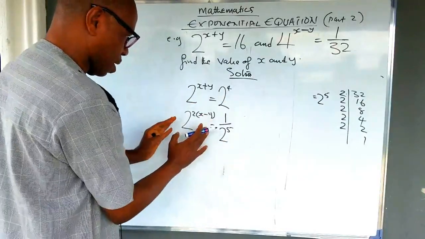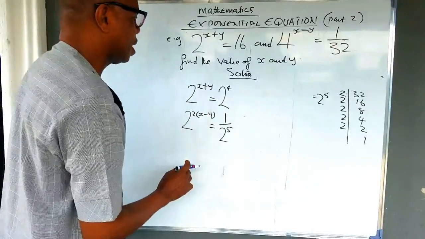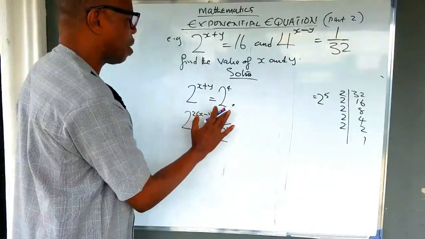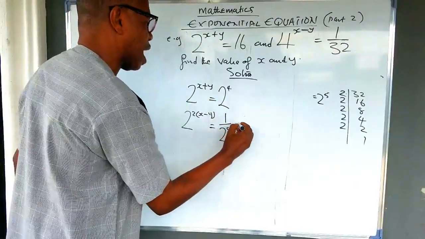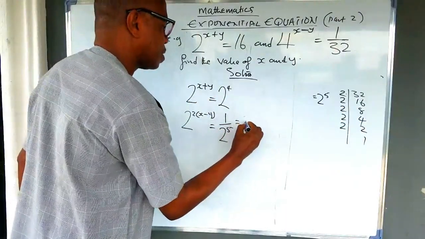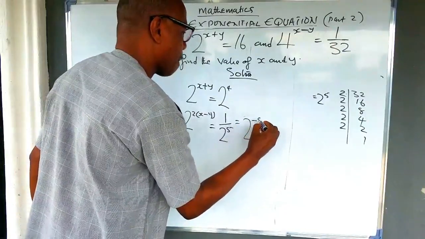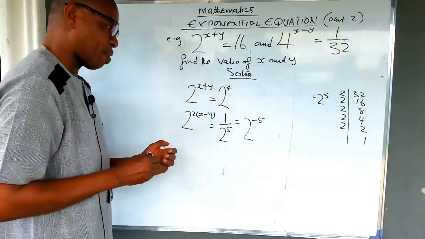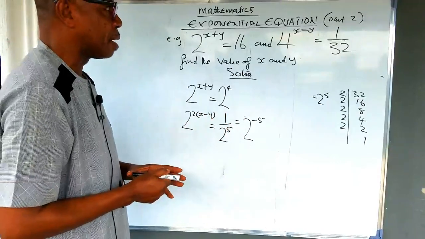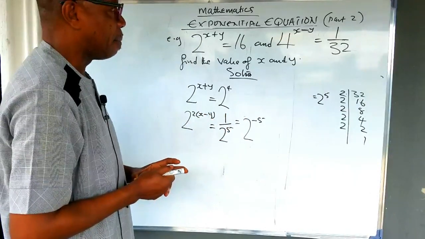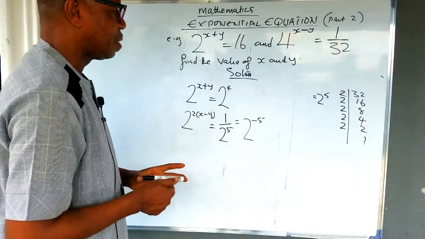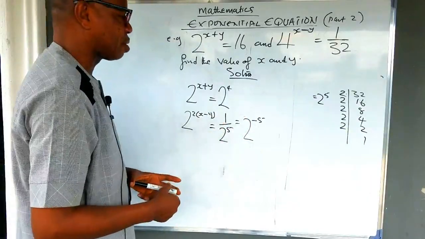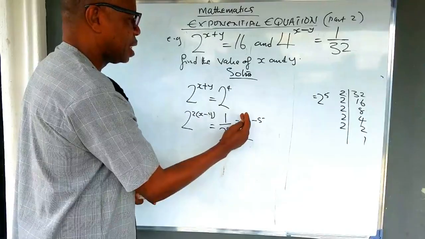Okay? Now, I've gotten this, but this one that is here, I can still do something because I want them to be all in a common base of 2 and on the same level. So 1 over 2 raised to the power 5 is the same thing as saying 2 raised to power minus 5. If you're wondering why that happened, in part 1 of this, we discussed something like that, where we learned about the inverse rule.